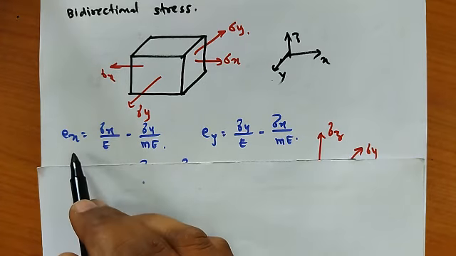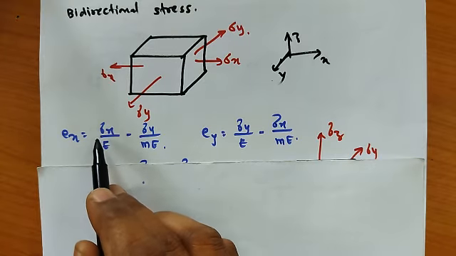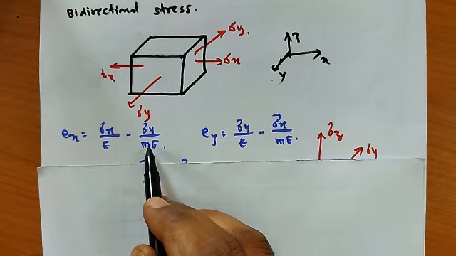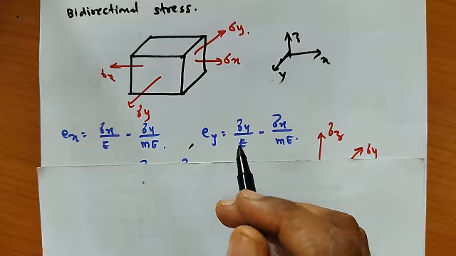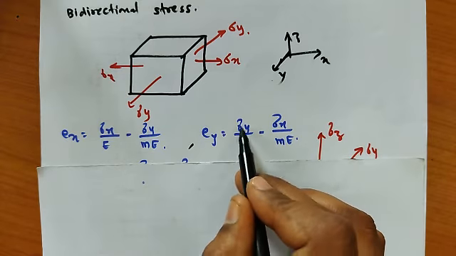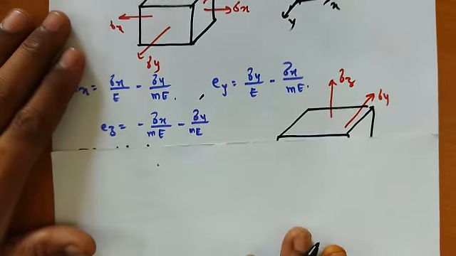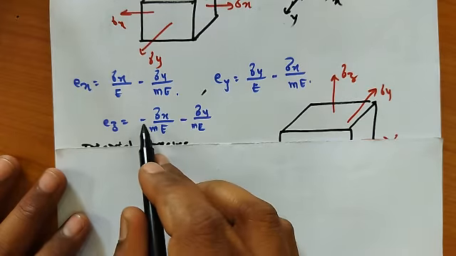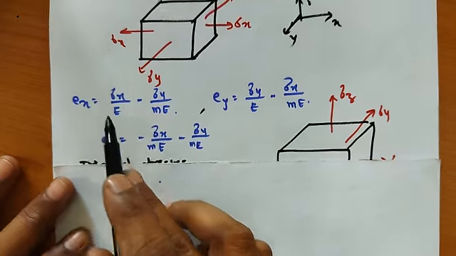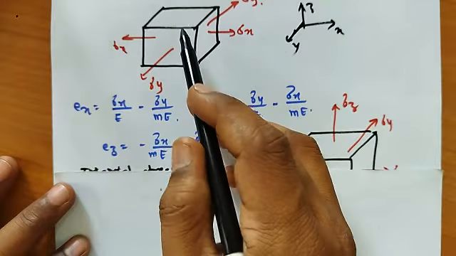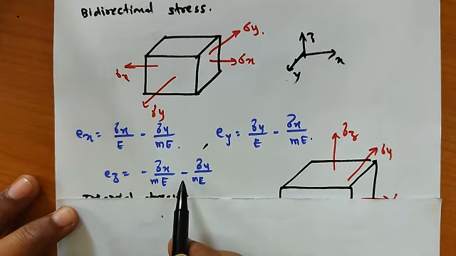So E of x, the strain in X direction, is equal to sigma X by E, which is tensile, minus sigma Y by mE. The Y directional strain, E of y, is equal to sigma Y by E minus sigma X by mE. Similarly in Z direction, E of z is equal to minus sigma X by mE minus sigma Y by mE, because due to the stresses sigma X and sigma Y, the Z directional dimension is reduced. That's why it is minus.